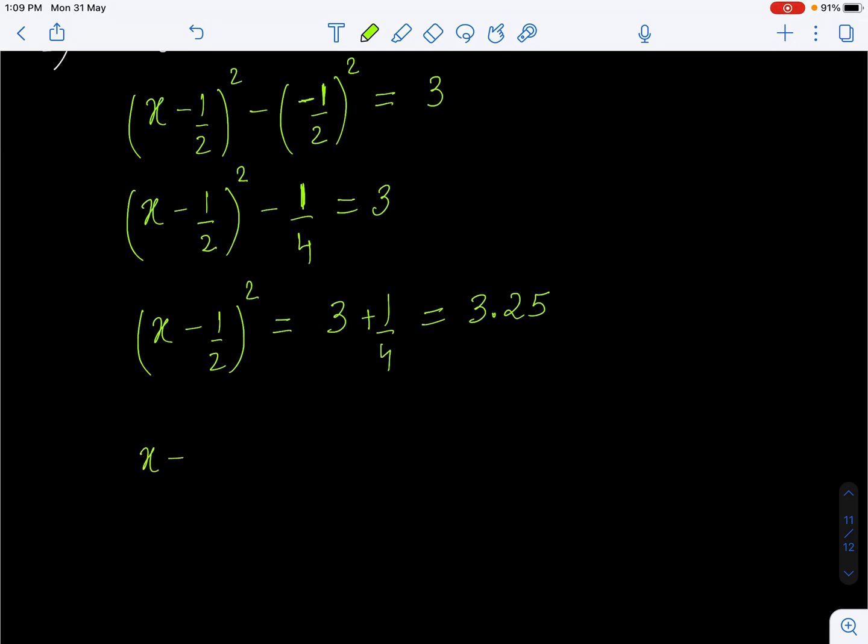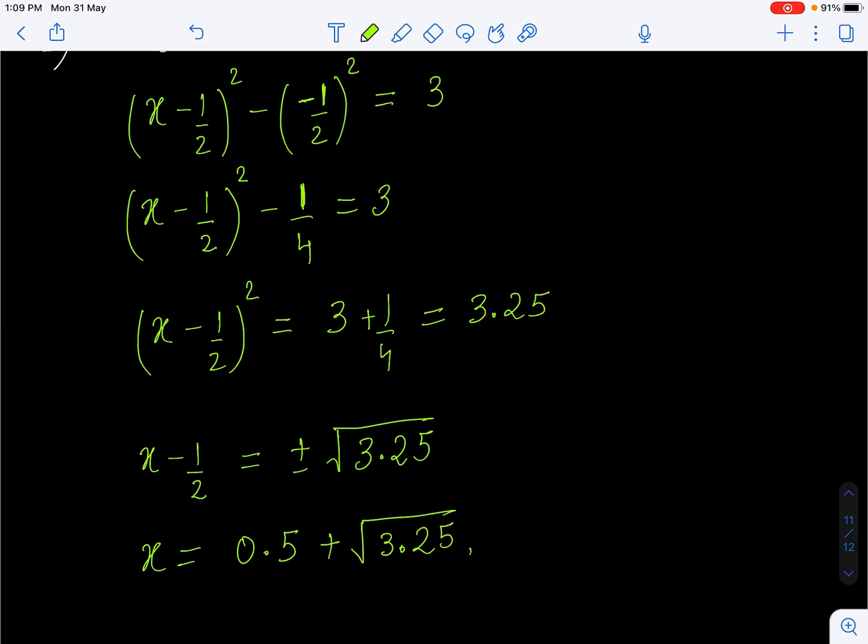The next step is to take the square root, and remember to take plus and minus sign. This is very important. The plus and the minus sign will give you two answers. This is 0.5. So my first answer is 0.5 plus square root of 3.25, and my second answer will be 0.5 minus square root of 3.25.